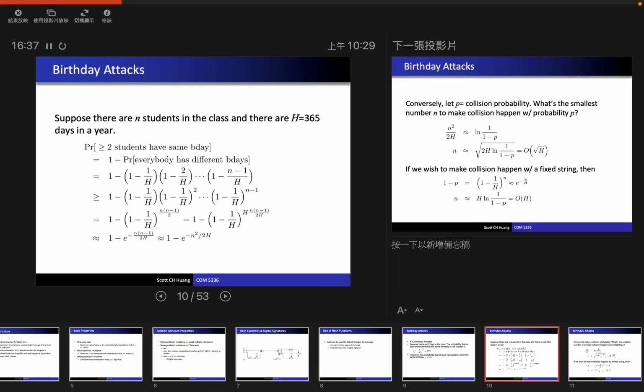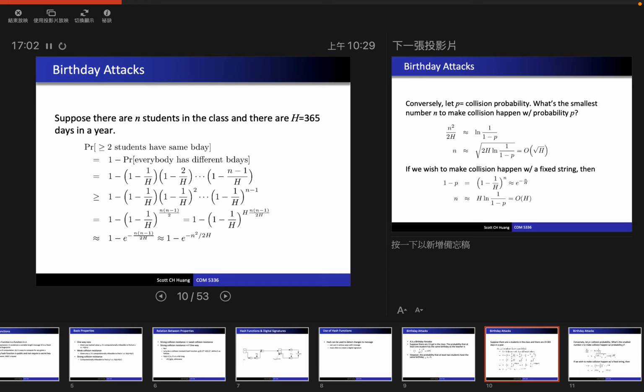The calculation is actually very straightforward. It's easy to make these mistakes, so we go very slowly. This probability, that at least two students have the same birthday, is 1 minus the probability that everybody has different birthdays. We go very slow.